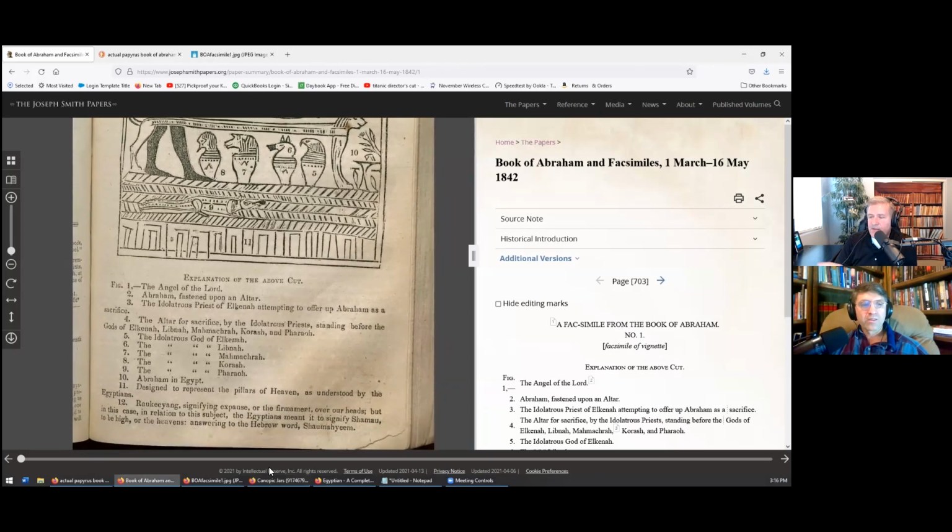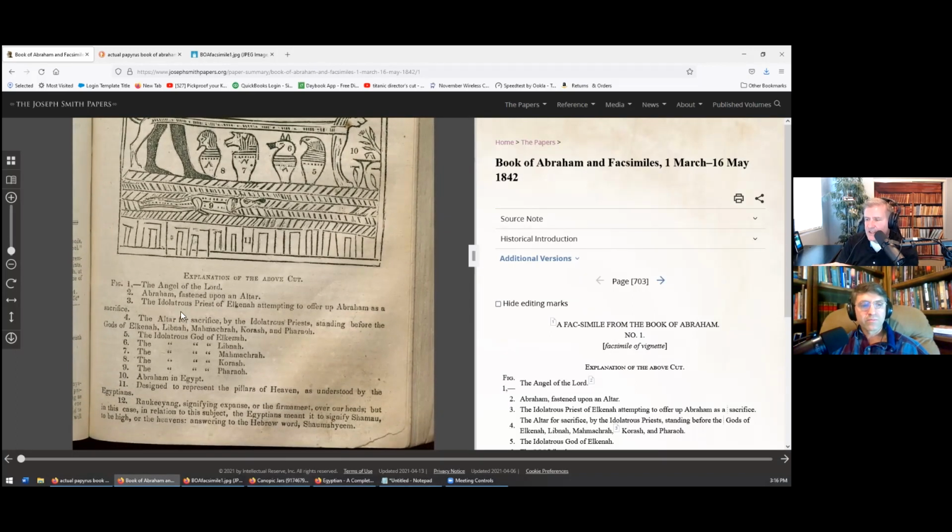Now, this is important, I think. So let's focus on this for just a second. He says that these are names. Now, the sons of Horus are not these names, or are they? No, those aren't the names of the sons of Horus.